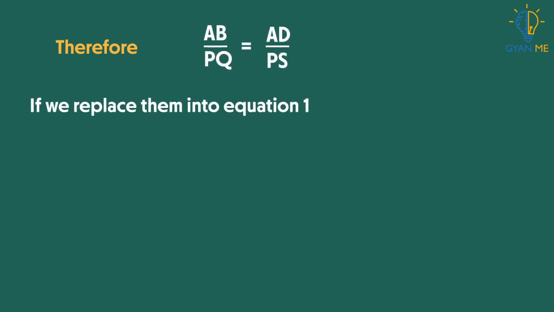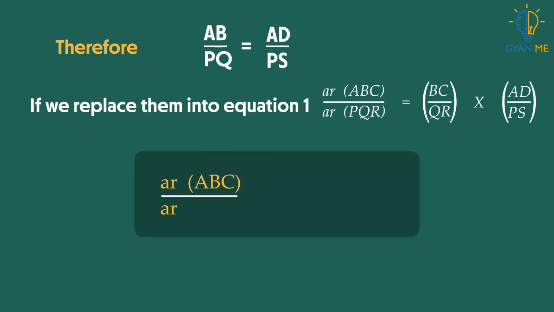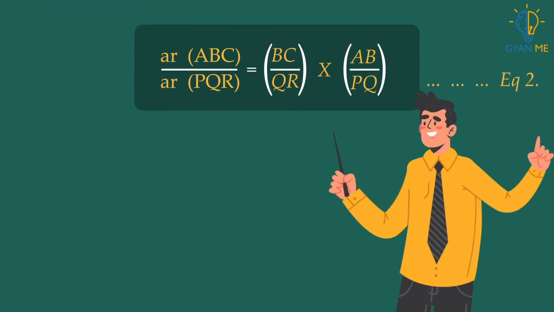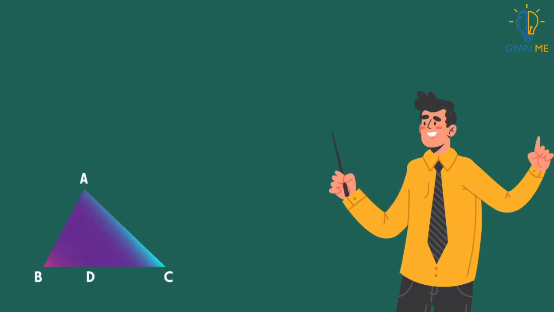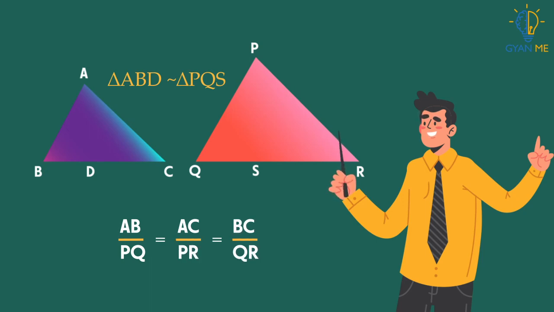If we replace them in our equation 1, we get area ABC upon area PQR equal to BC upon QR multiplied by AB upon PQ. Since we have already proved that triangle ABD is similar to triangle PQS, AB upon PQ is equal to AC upon PR, which is equal to BC upon QR.